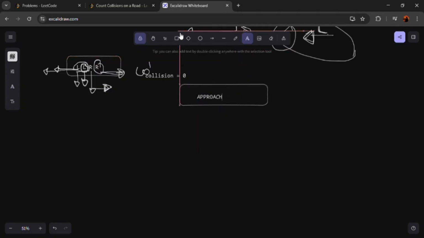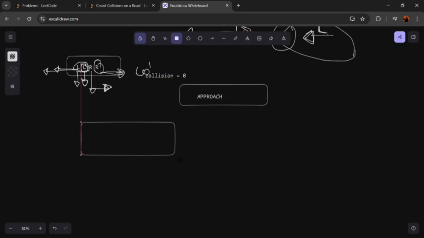Let's take an example, different from the one taken previously, so that you can understand easily. S L, L L, S L R R, L L.